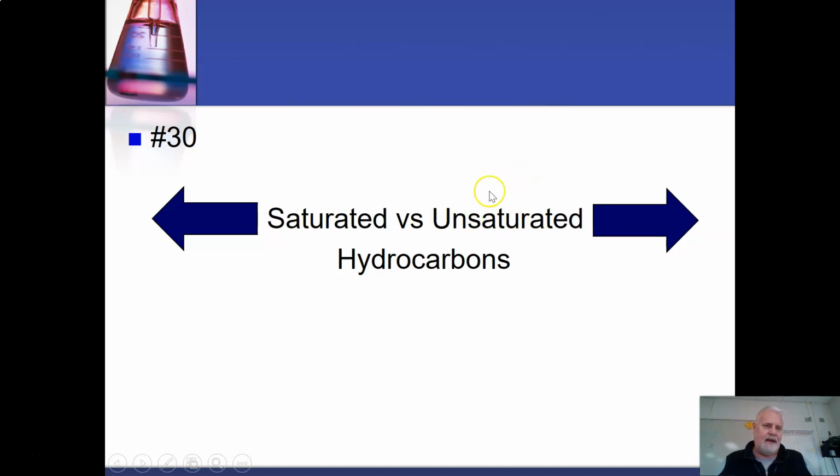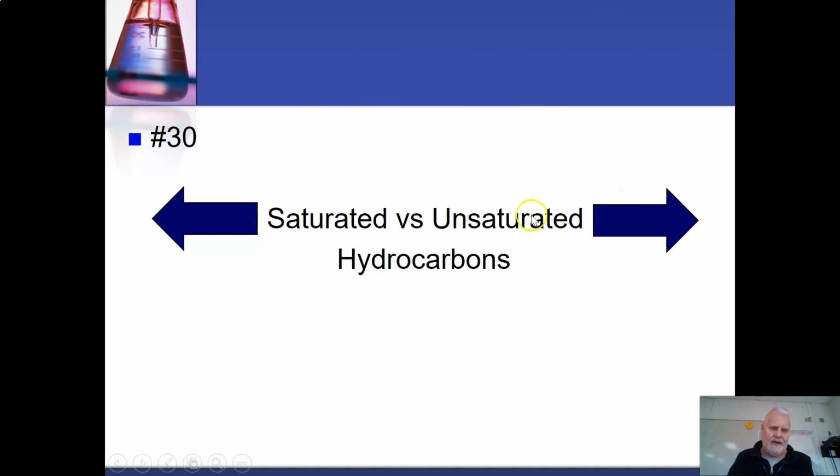This is oftentimes used with fats, saturated fats versus unsaturated oils. These tend to be a little healthier for our body because fats that are saturated and don't have any double bonds get clogged up and build up in the arteries, whereas if you throw in double bonds, it can be more of a liquid.